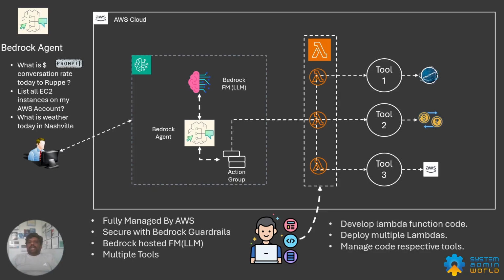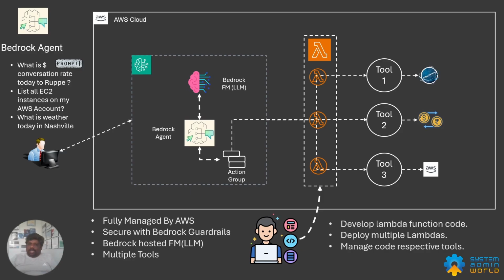These Lambda functions are modular, secure, and independently deployed, giving you full control of logic and scalability. On the development side, you will write Lambda function code for each tool, then deploy and manage them independently. Ensure each tool is registered with the agent's action group.